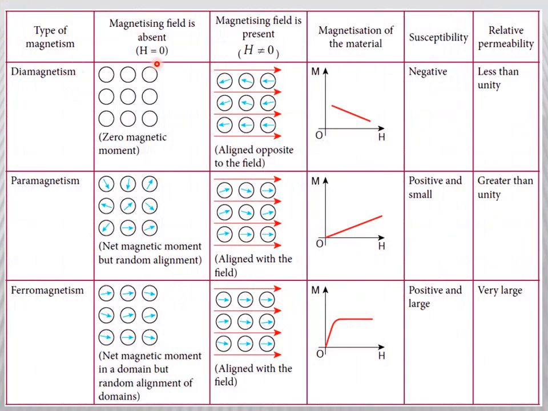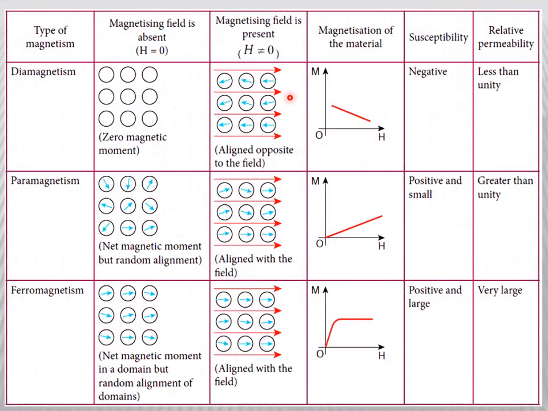When the magnetizing field is absent, that means H is equal to 0, we have zero magnetic moment in diamagnetism. In para, there is a net magnetic moment but with random alignment. In ferromagnetism, there is a net magnetic moment in a domain but random alignment of domains.